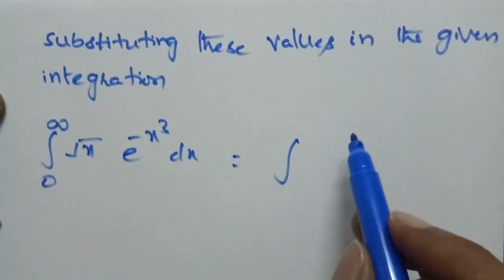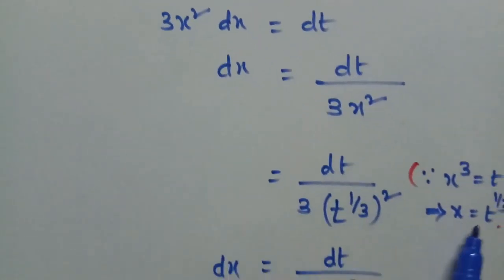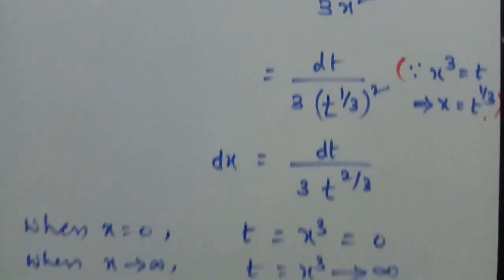We assumed that x cube is equal to t, therefore x is equal to t to the power of 1 by 3.